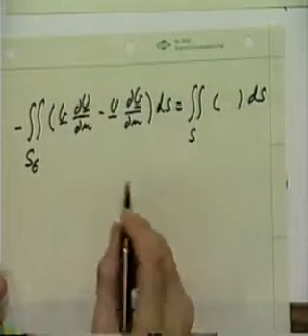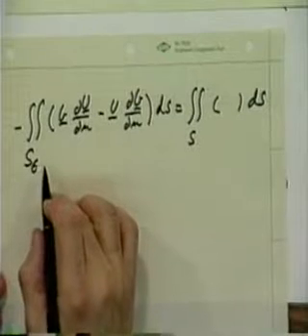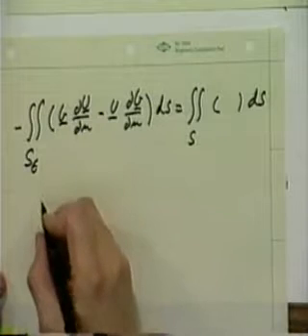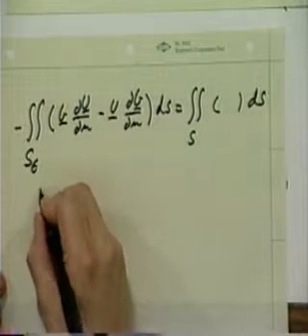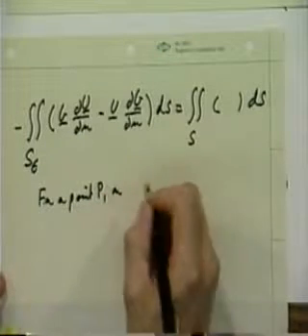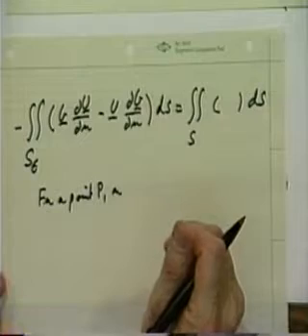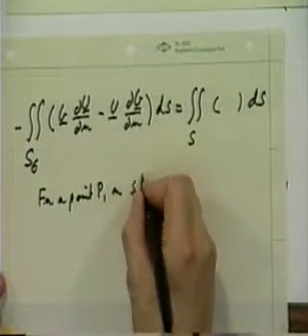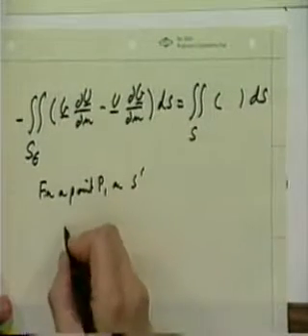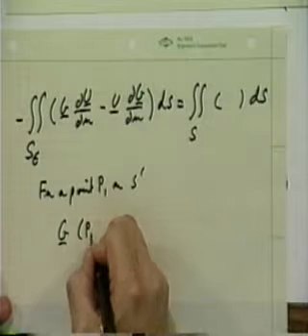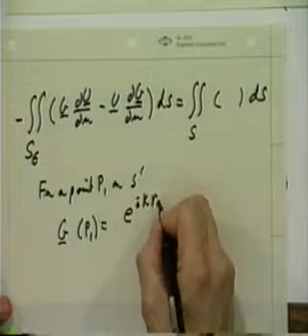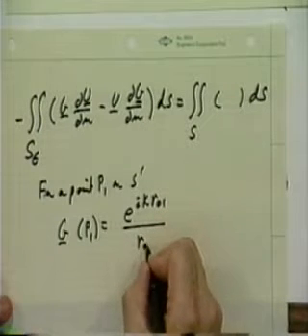For a point P1 on the little spherical surface, or any place on the surface here, either inside or outside, we can write that G of P1 is e to the i k R01 over R01.